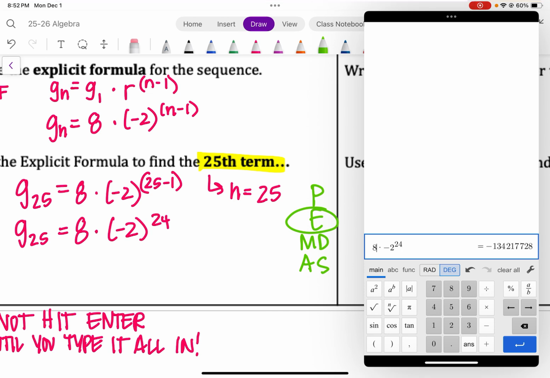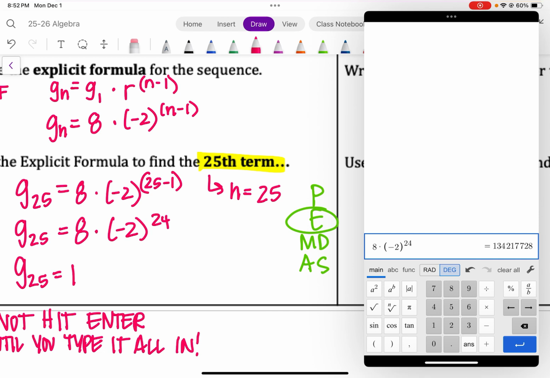And you know what? I meant to put this in parentheses. Let's see if that negative 2 makes a difference. And that did make a difference. So g of 25, because a negative raised to an even power is going to be positive.